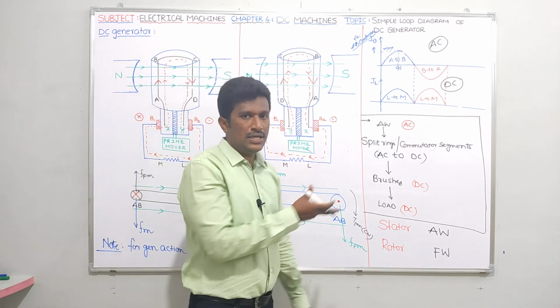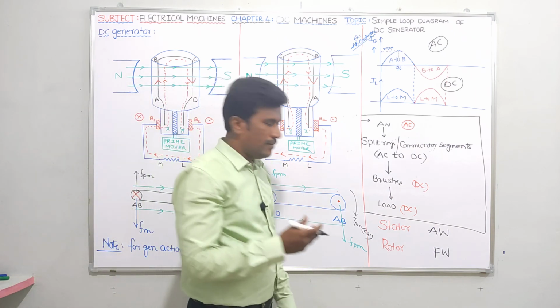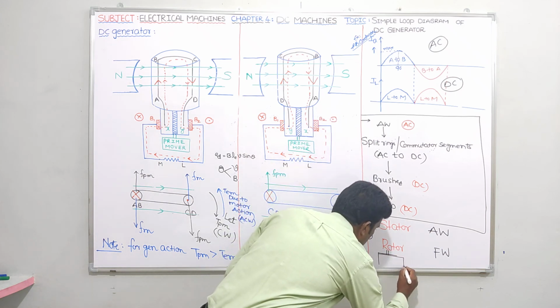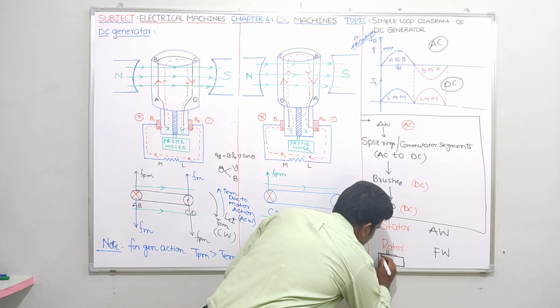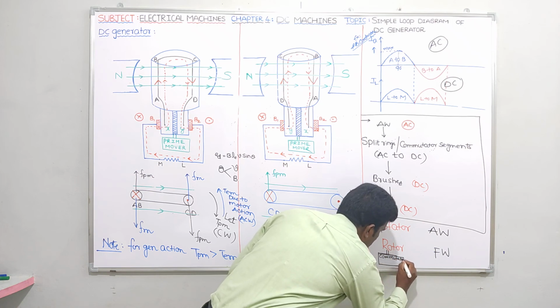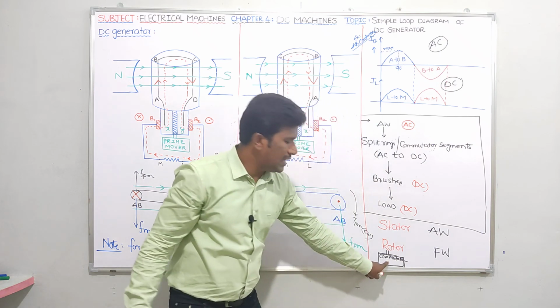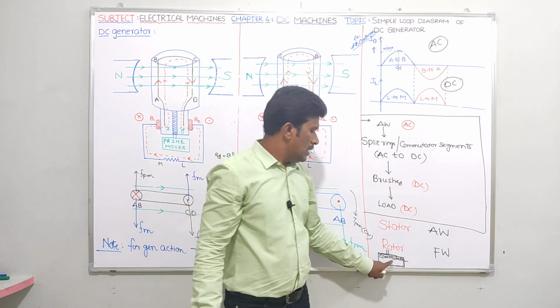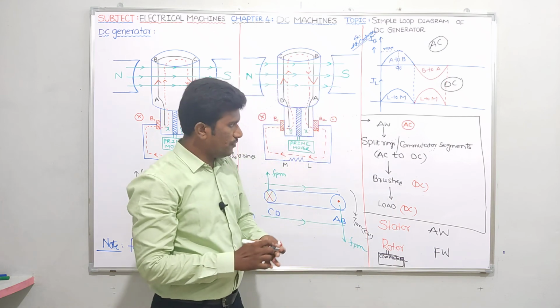And I told you the commutator is a rotating part. So whenever the rotor rotates, the commutator also will be rotating. So let me connect to this rotor, commutator will be connected. About commutator, or I can say commutator segments, or split rings. Now tell me guys, what is the function of commutator?